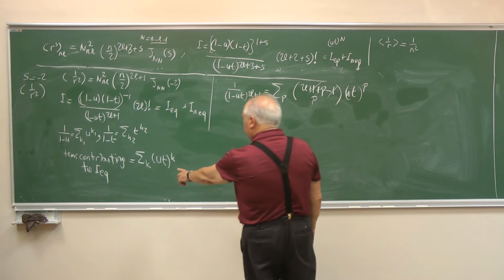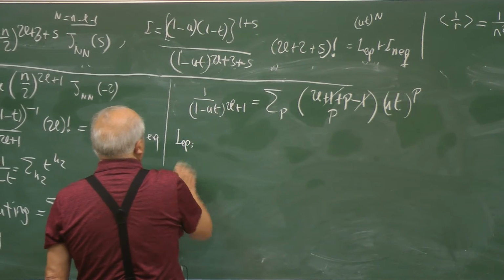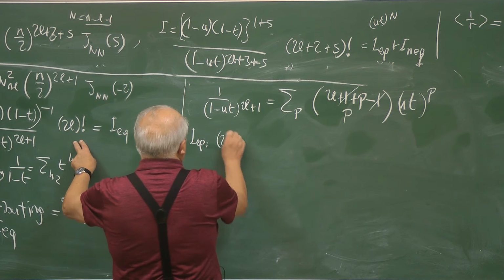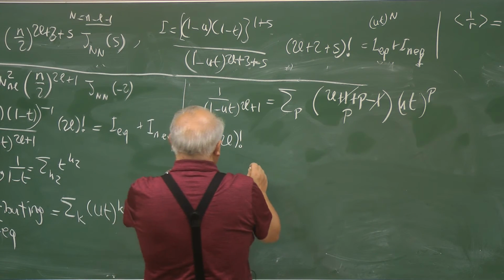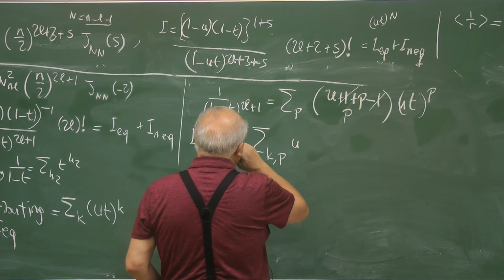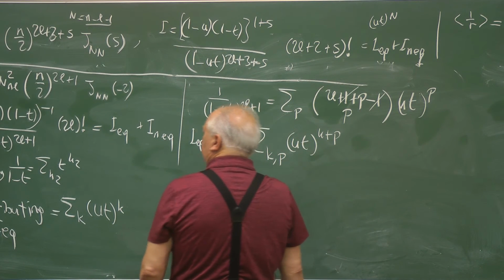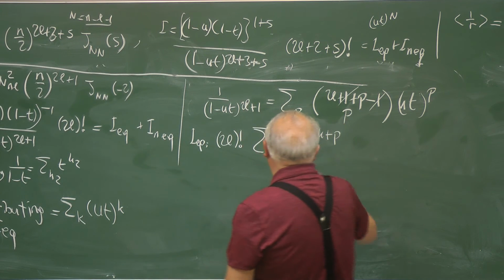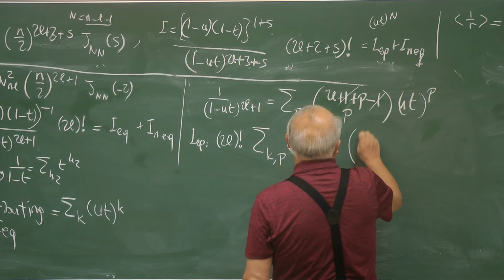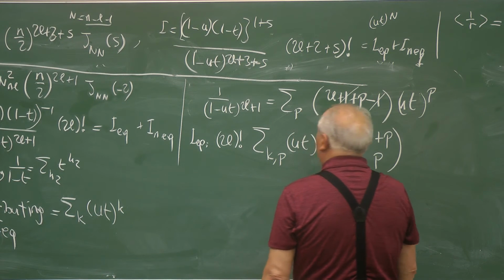Now when we multiply with that, again we are considering only terms that contribute to equal powers. So I have, let me write to the front, 2L factorial. Then I have sum over k and p of ut to the k plus p, k from here, p from there. And then binomial coefficient 2L plus p and this p.